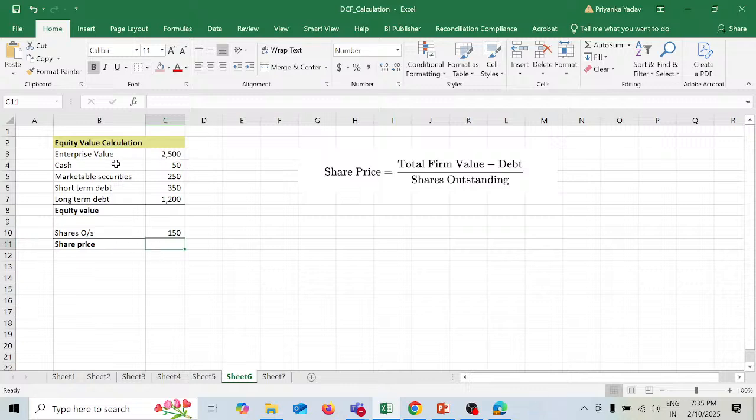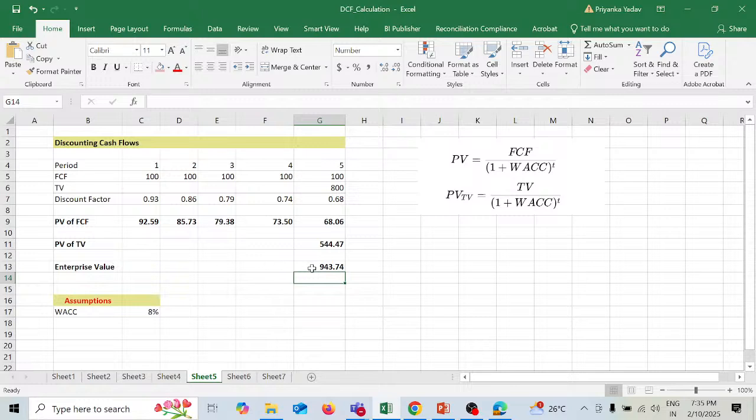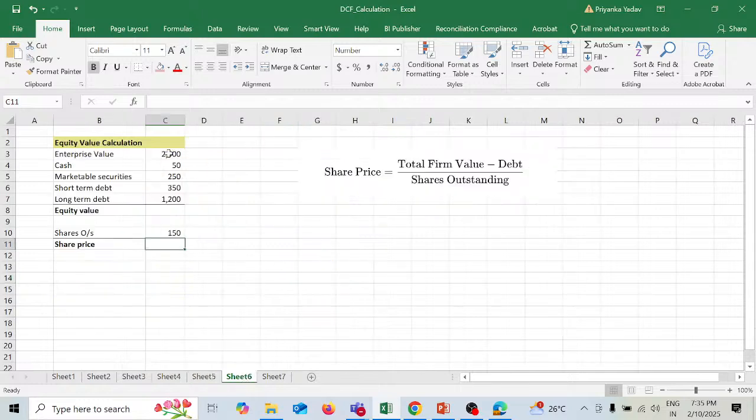For this we have already calculated enterprise value over here. This is the enterprise value, this you're getting. Okay, so the already calculated enterprise value, cash, marketable securities, short-term debt and long-term debt you will get from the balance sheet. First we will calculate the equity value.